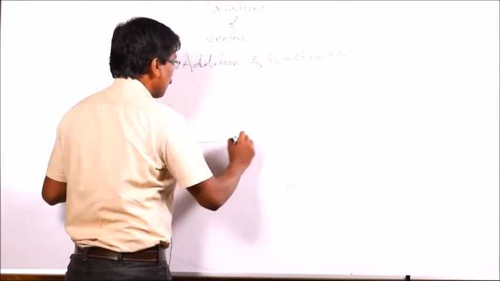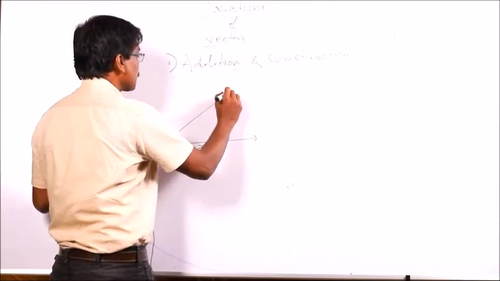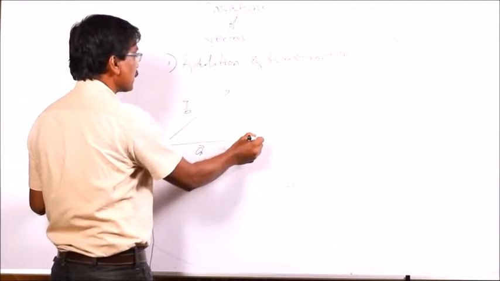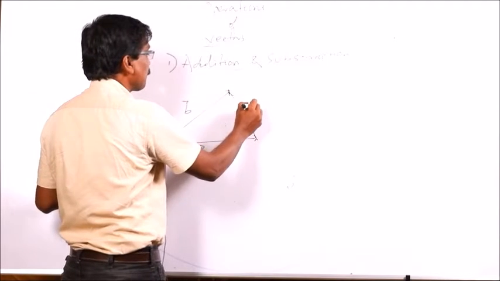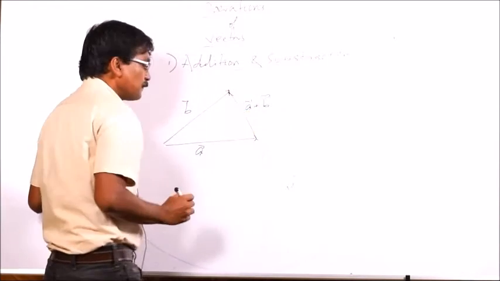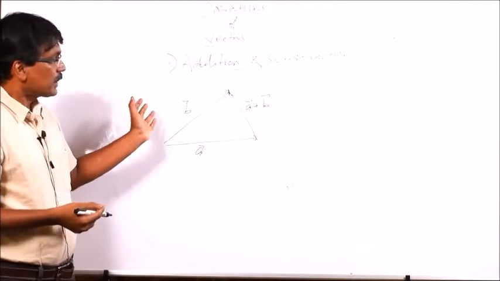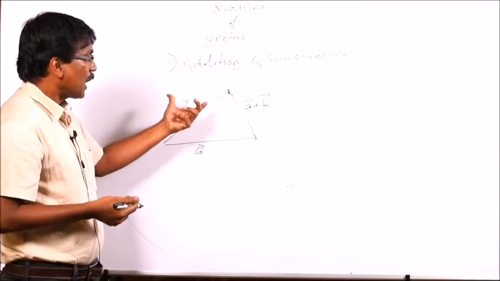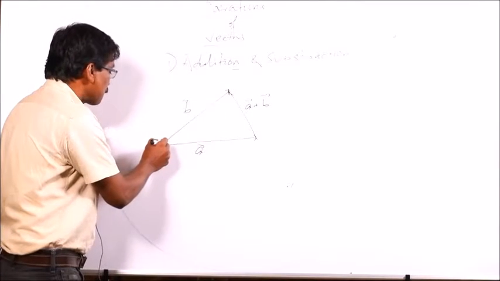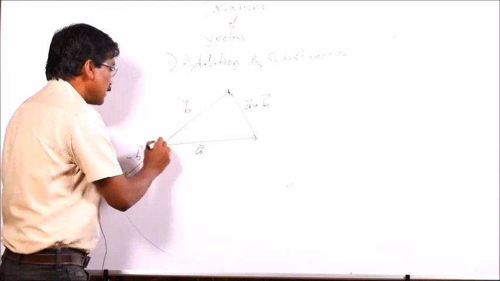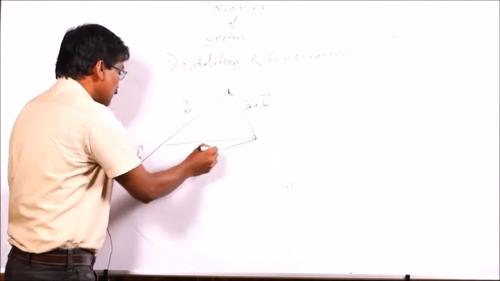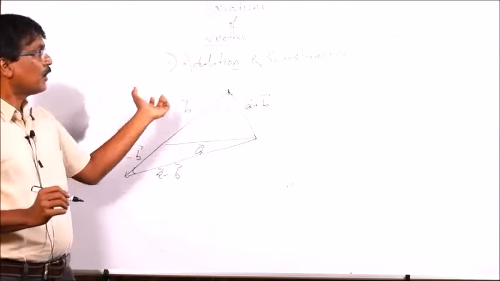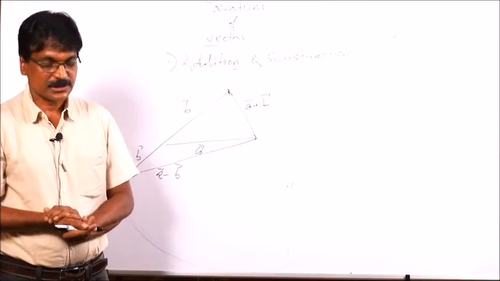Suppose A vector and B vector are two vectors. Then we can add these two vectors by the resultant vector, which is defined as A plus B vector. Similarly for subtraction, suppose it is minus B vector, then it is defined as A minus B vector. So two vectors can be added or subtracted.